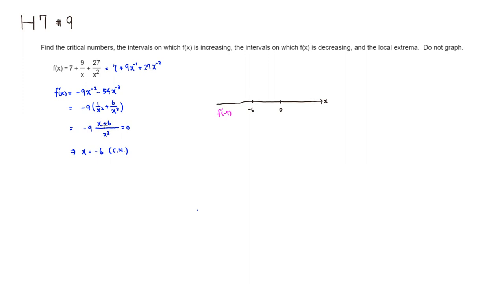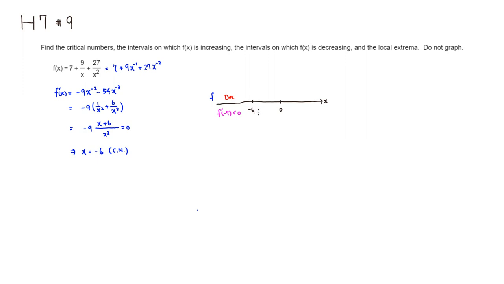So there are 3 negative things multiplied and divided together, so it's going to be negative. So we know that the original function f is decreasing here.